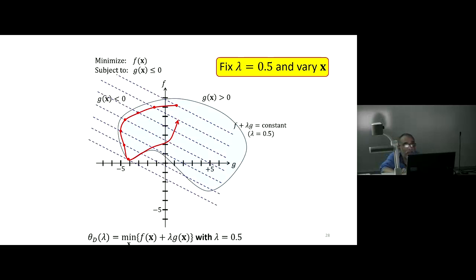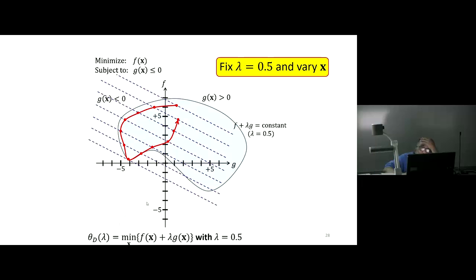Now, if I further tweak x, what happens? It takes this trajectory. I was playing around with x to see where I'll get the minimum, right?